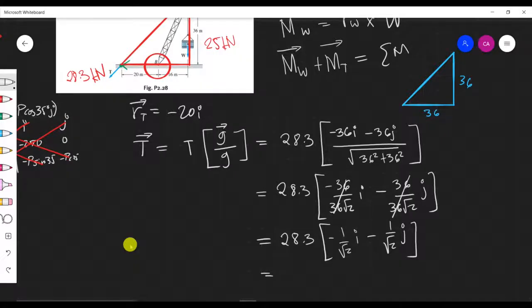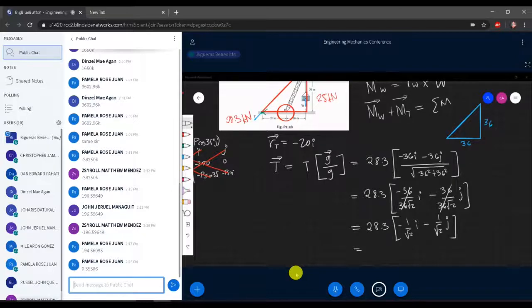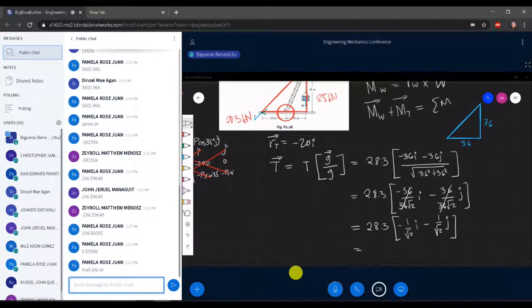Kapag minultiply sa 28.3, ito ba yung sagot? Ano yung vector T natin? Okay?